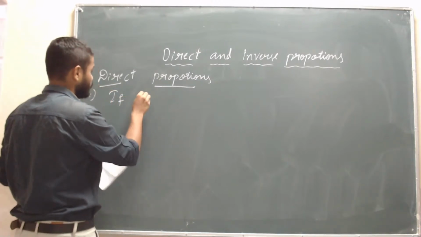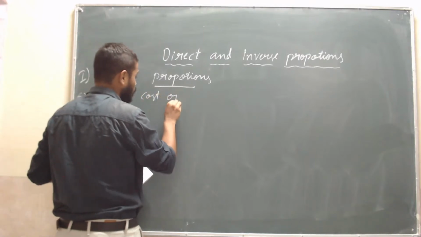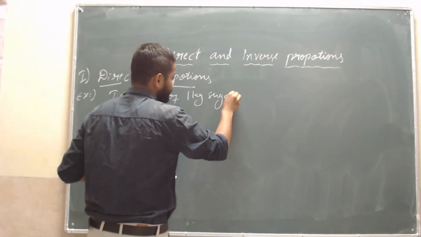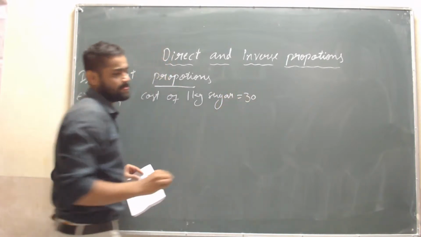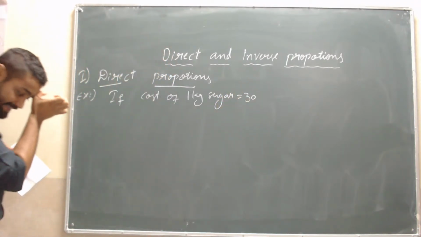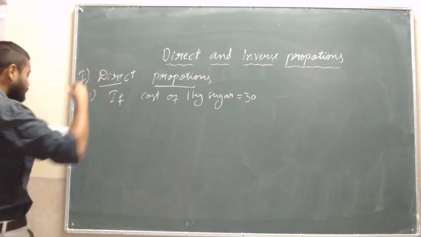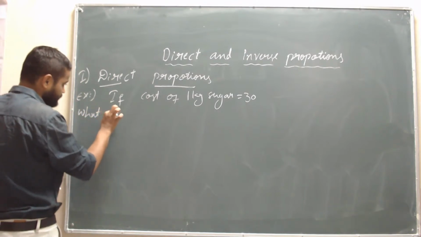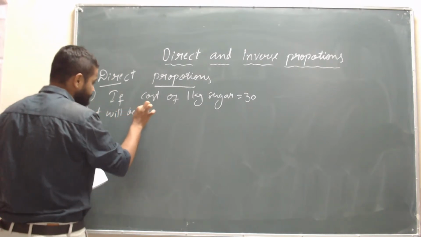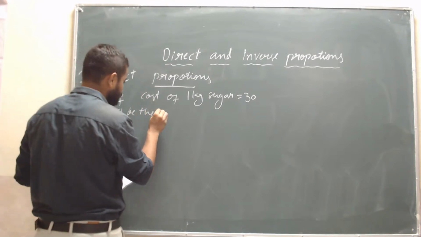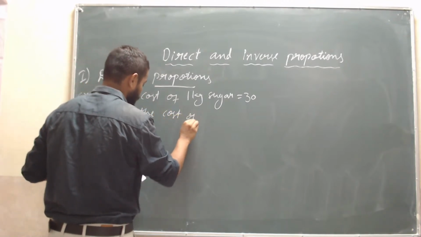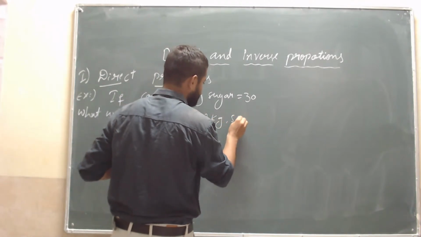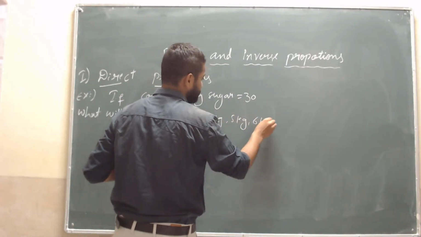If the cost of 1 kg sugar is 30 rupees, then what will be the cost of 3 kg and 5 kg and as well as 6 kg?